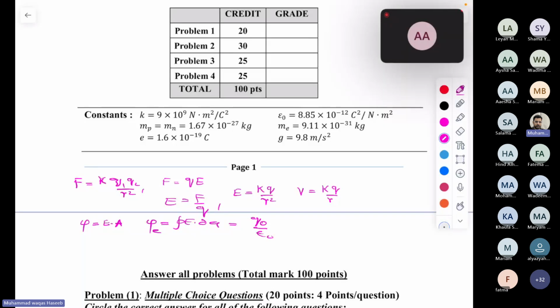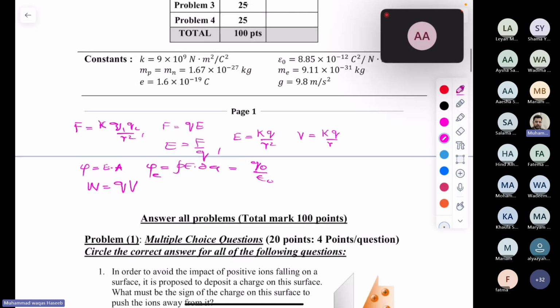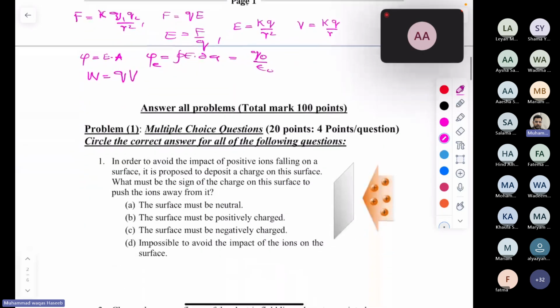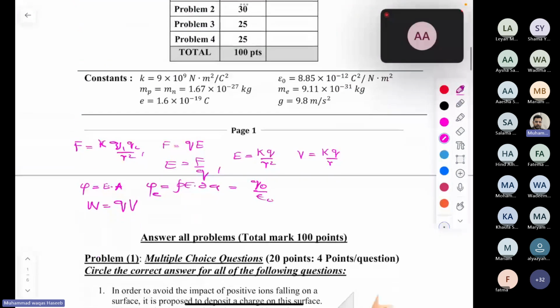And then you have the potential energy, which is q times V, or work done is qV, where V is your potential. So these are the things that we are going to use.